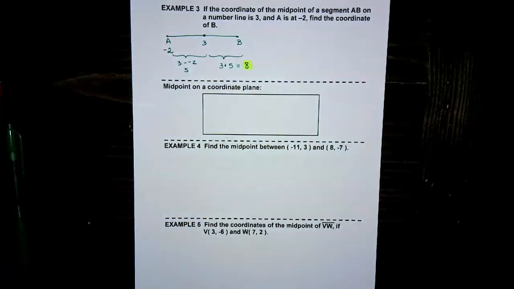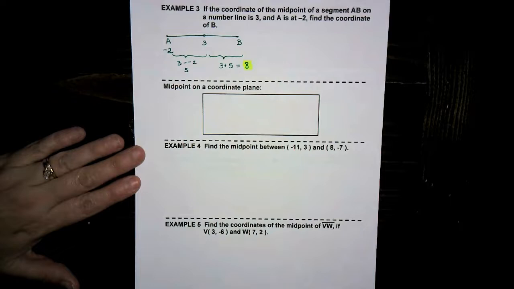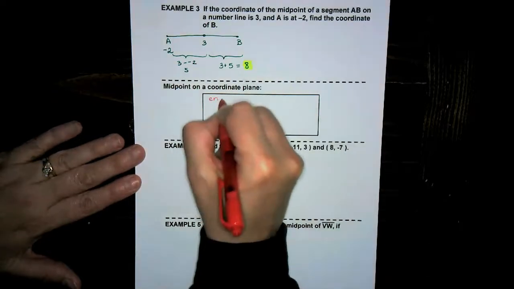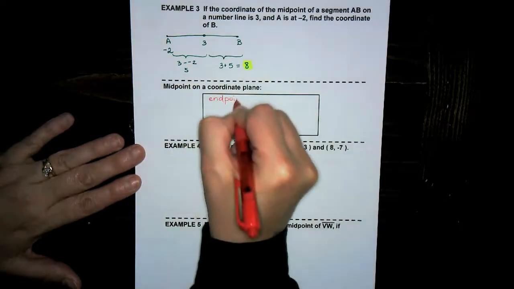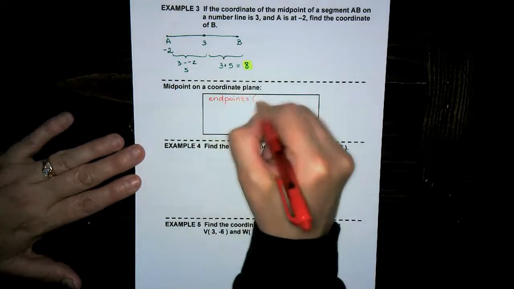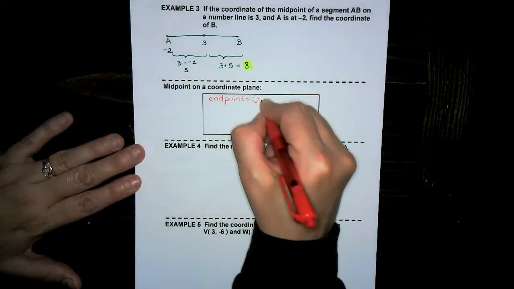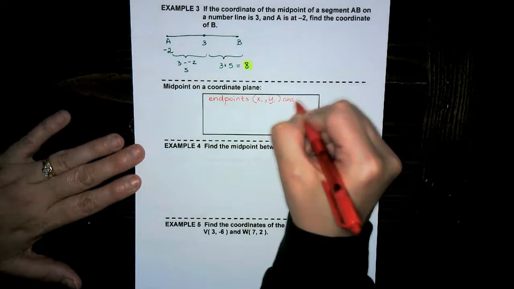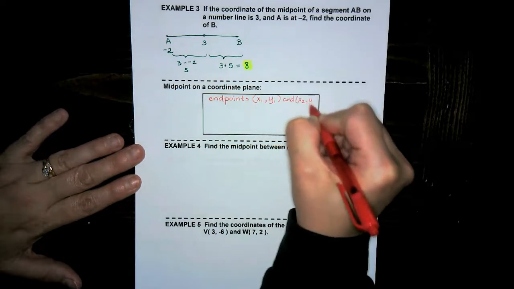Now, if we want to find the midpoint on a coordinate plane, then we have to use that same average approach. Let's say that our endpoints have coordinates. We'll call it x1, y1 and x2, y2.